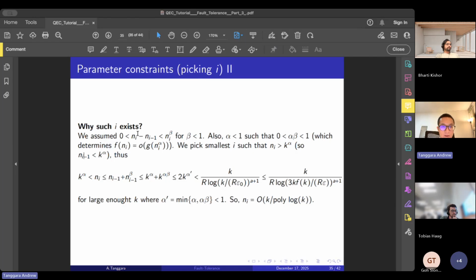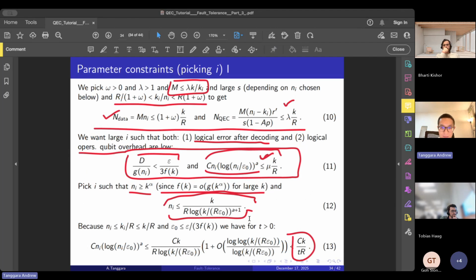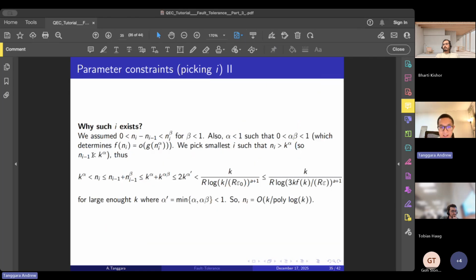So then I can just use this relation and show that everything works out fine, and I get this n_i that lies between this k to the alpha and this crazy looking number, which is basically what I need, this equation 12 here. So there exists such an i. That's what I'm trying to show here.